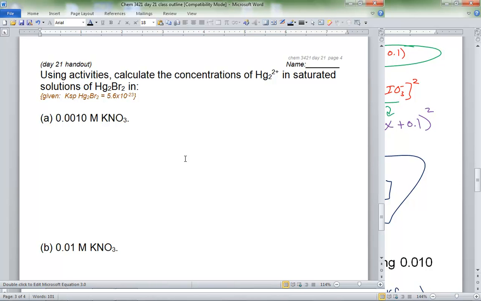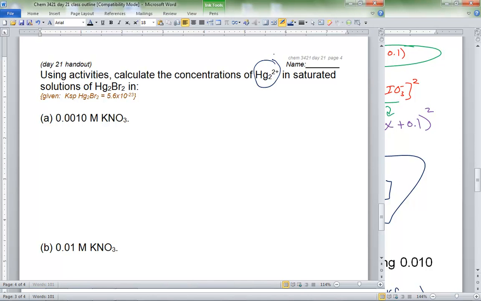All right, that sounds good. And the other trick is, Eric noticed another trick in this. He recognized the KSP reaction. You've got to use this ion. Mercury is breaking up into Hg2 plus 2, right? The mercury 1.